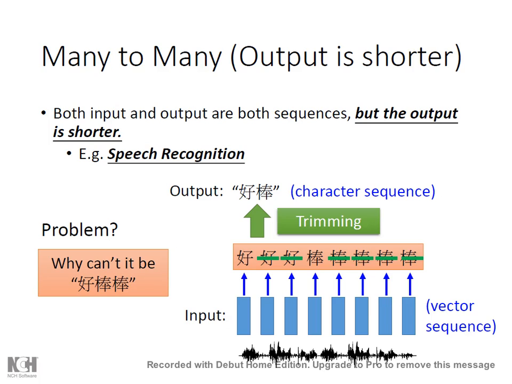For example, you say 好棒, or maybe some people say 好棒 with repeated sounds. They're the same characters, but you should trim: remove the repeated characters to output your final sequence. But there's a question: why can it be 好棒棒?